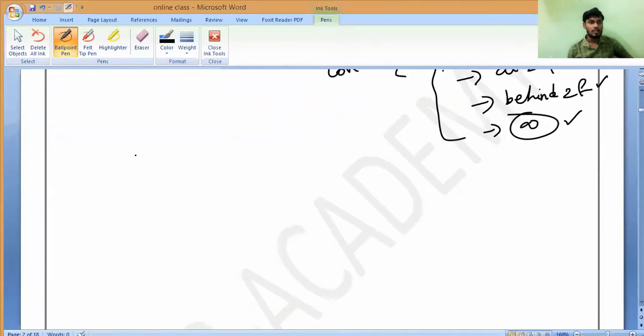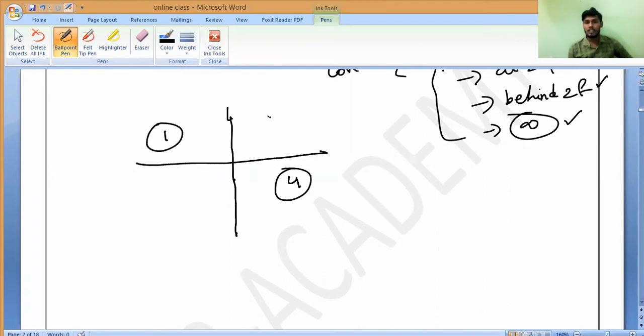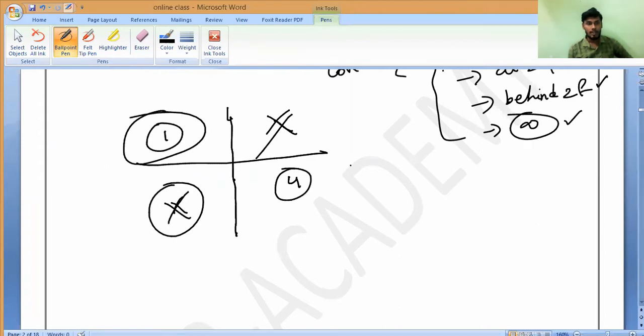Whenever you draw coordinates, the main important thing: whether it is a concave or convex mirror or convex lens, in lens cases only the fourth coordinate and first coordinate are important. The other coordinates don't matter at all. In lenses, either the image forms here or here. If the image is forming here, then that is called a real image.